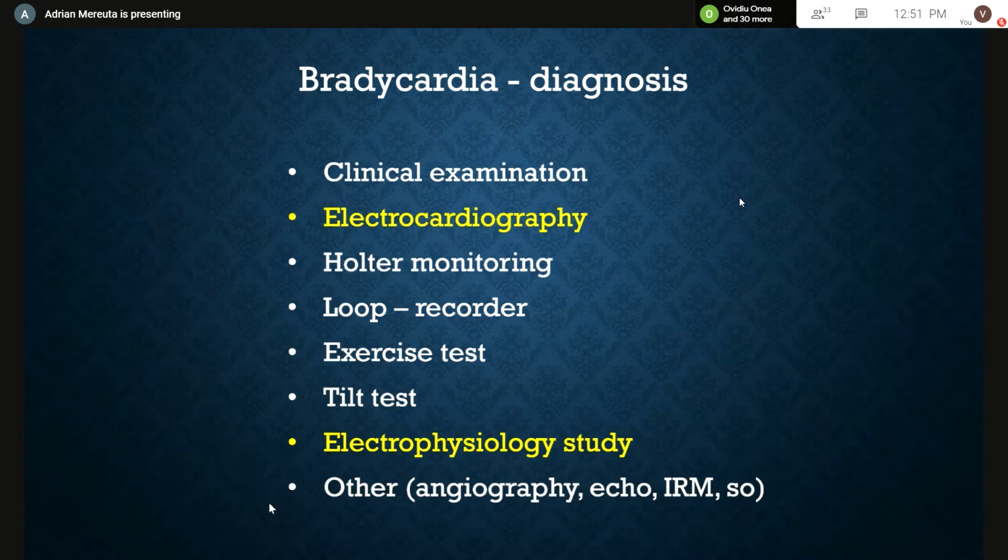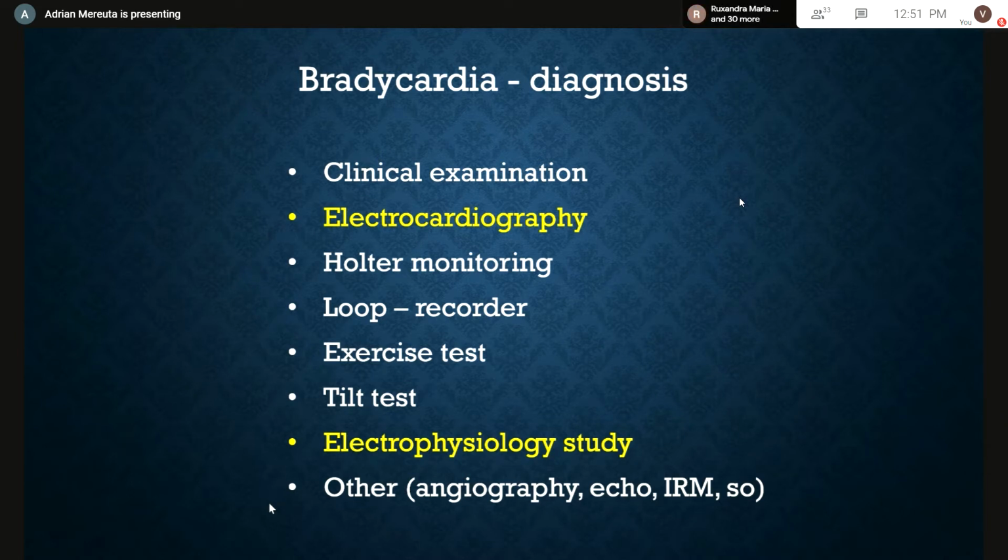But usually you cannot tell very much, only if it's regular or irregular, how bradycardic it is, but it's not very precise.